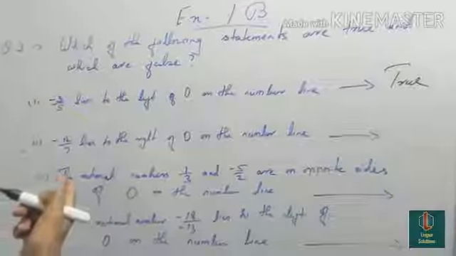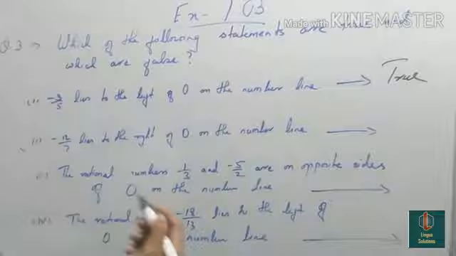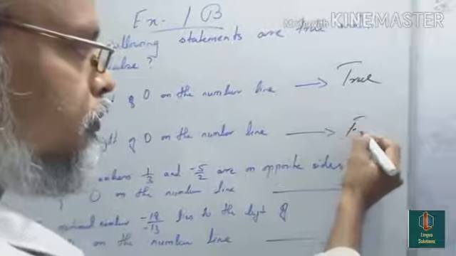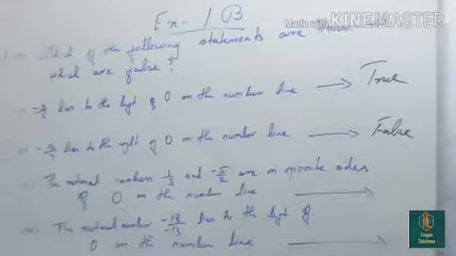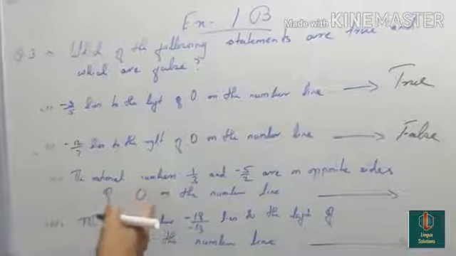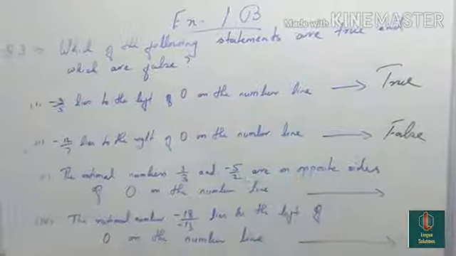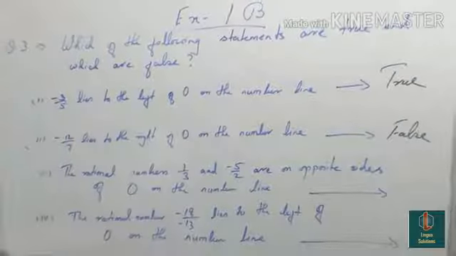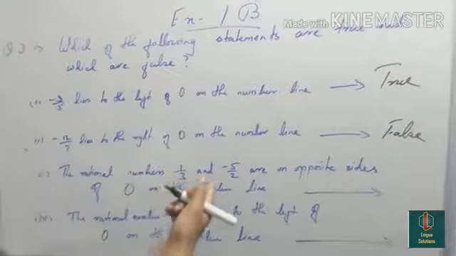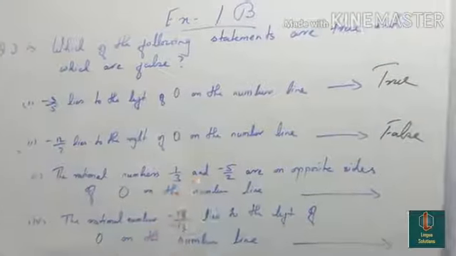Negative number should be on left, so this is false. Now the rational numbers 1 by 3 and -5 by 2 are on opposite sides of 0 on the number line. One is positive and other is negative, so it is on opposite sides, so it is true.